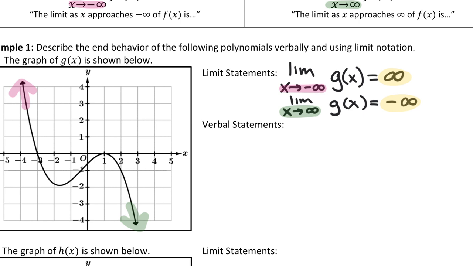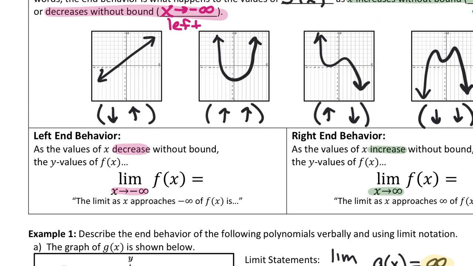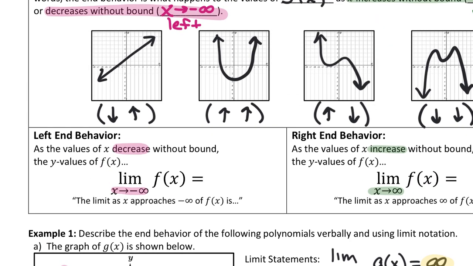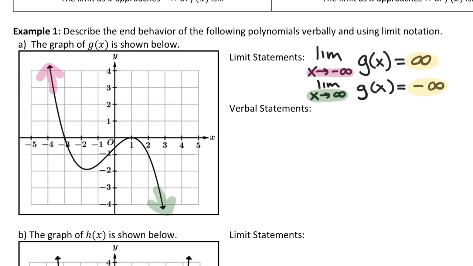A second ago, when we were being super informal, we just said up, down. Up is going to be positive infinity. Down is going to be negative infinity. And so on this one, since it went up, down, my left side end behavior is infinity, up. My right side end behavior is negative infinity, down. So same concept you're really good at seeing right away. We're just making it super formal with this limit statement.